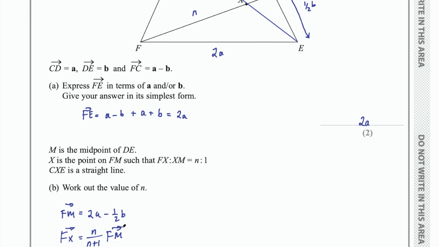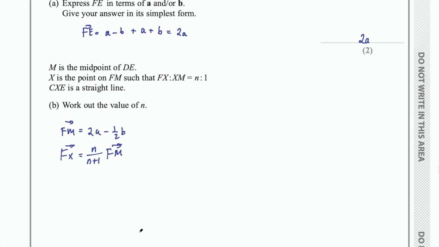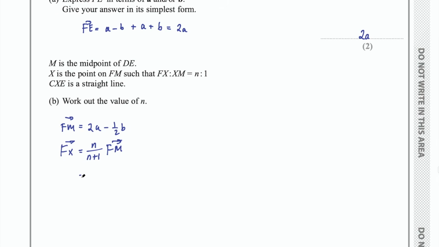It's important to understand that step, why it's n over n plus 1. Hopefully that makes sense. And so then we can say FX is n over n plus 1, lots of 2a take half b. Okay, so we have an expression for FX in terms of a and b and n.